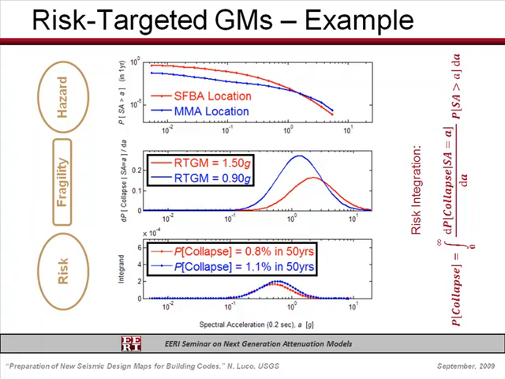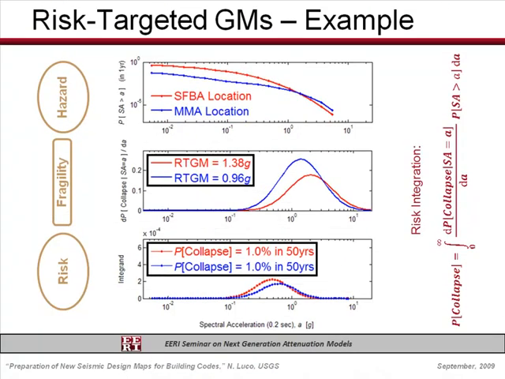All right, so we raised San Francisco and dropped Memphis a little bit. And you go through the same risk integration, and we find out now that in San Francisco, we have a 0.8% in 50-year probability of collapse. In Memphis, we have a 1.1% in 50-year probability of collapse. So we're still not quite there, but we can do this over and over again.